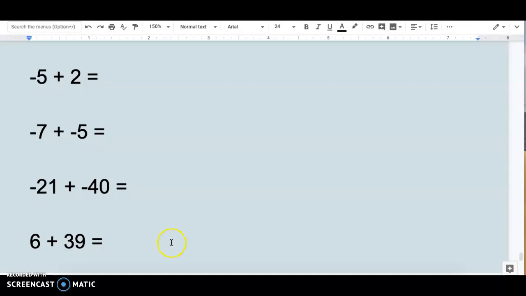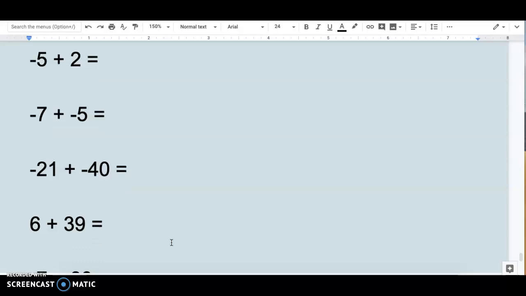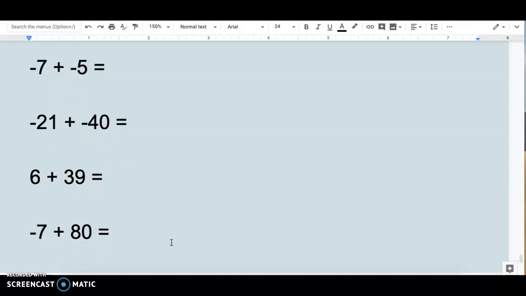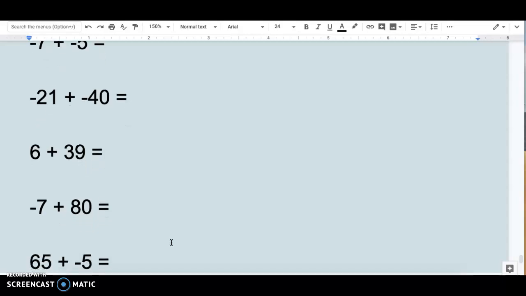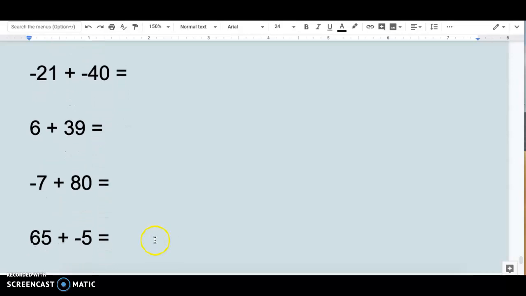What is 6 plus 39? What is negative 7 plus 80? What is 65 plus negative 5?